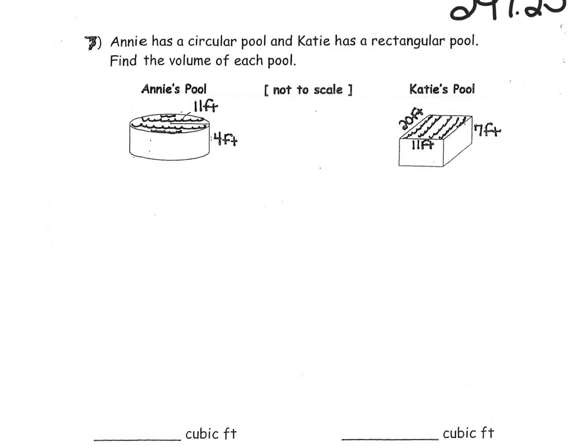In problem number 7, we are going to compare two swimming pools. Annie has a circular pool and Katie has a rectangular pool. Find the volume of each pool and compare.